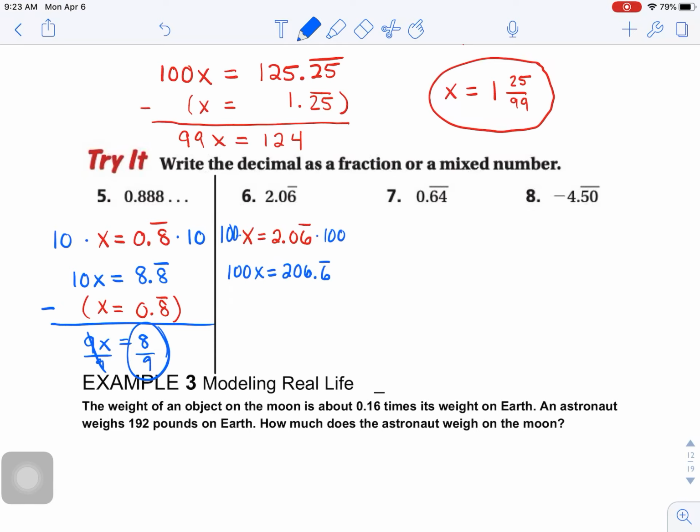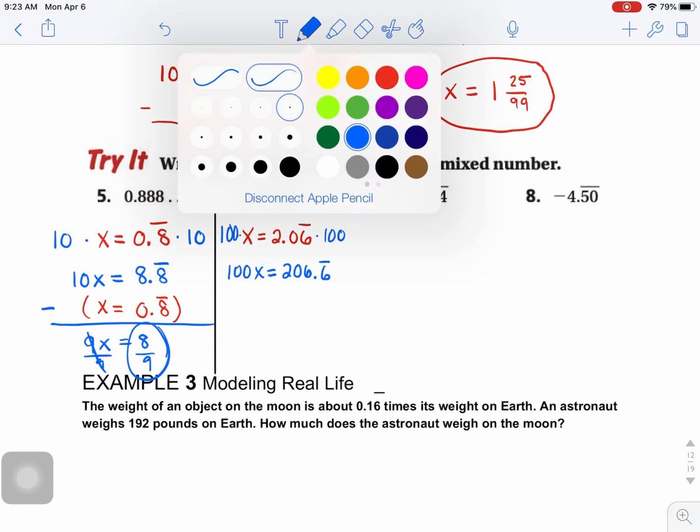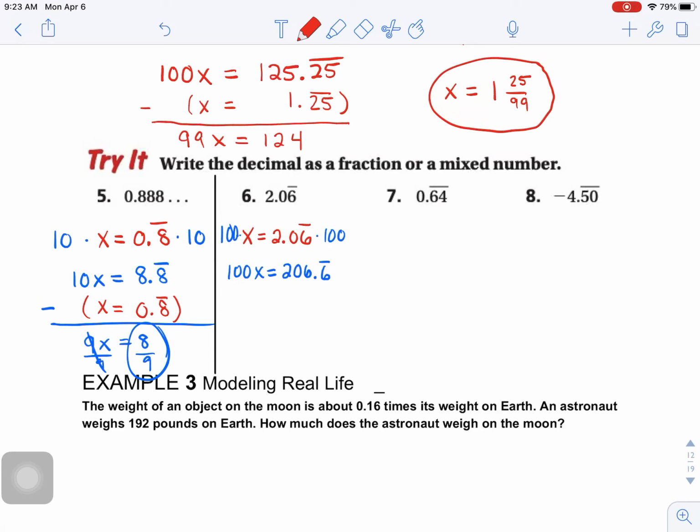Here I'm actually going to subtract the version that was multiplied by 10, which was 10x equals 20.6 repeating. This is going to make those decimals cancel out, which is a lot easier than what we were about to do.